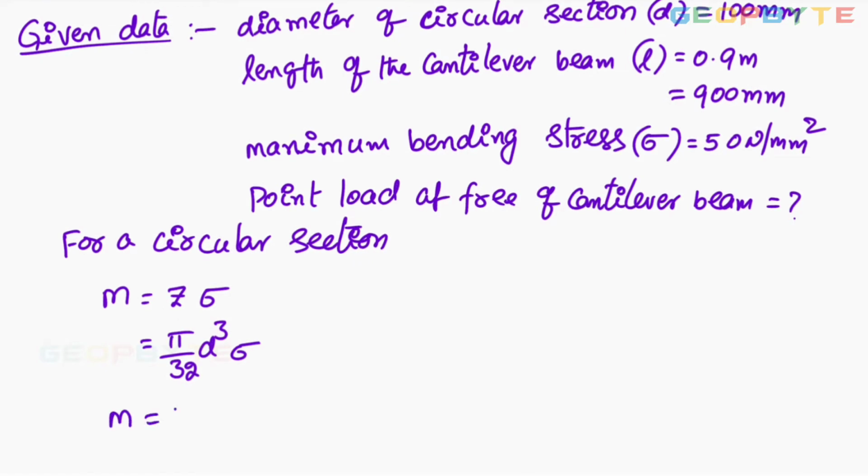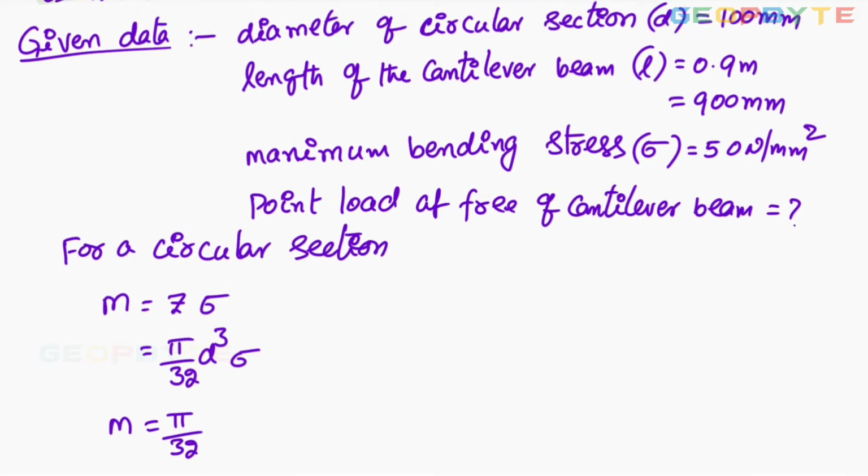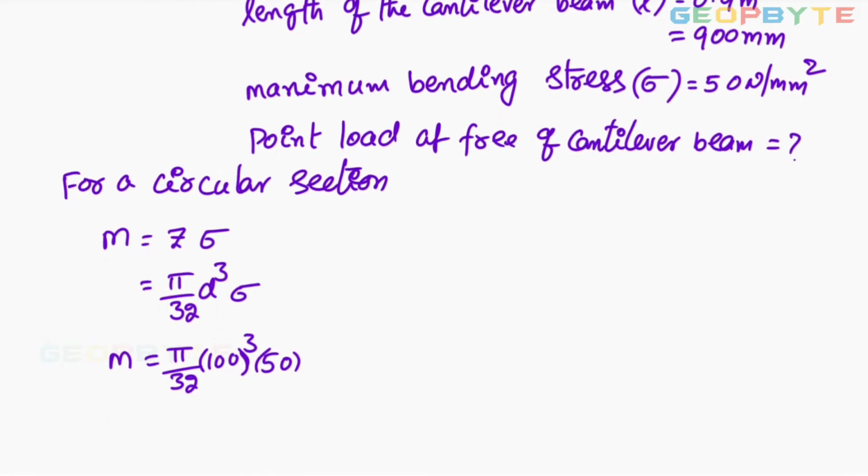Maximum bending moment equal to pi by 32 into D cube, D is 100, multiplied by sigma, it is 50. You simplify this value for getting 49.06 into 10 power 5 Newton mm.